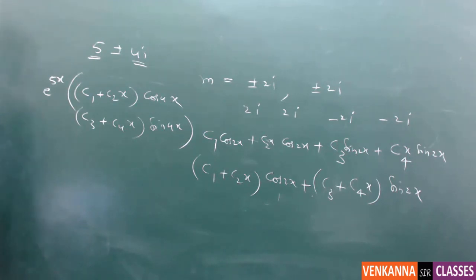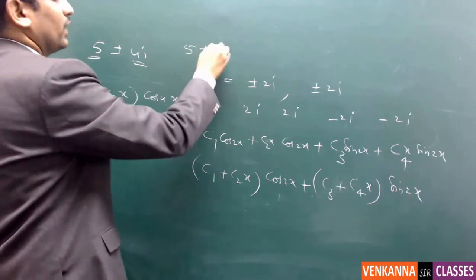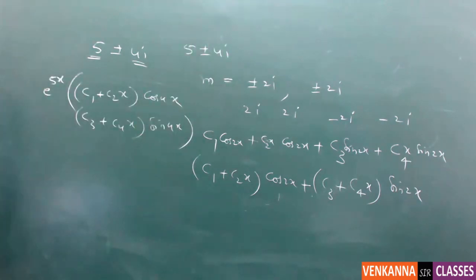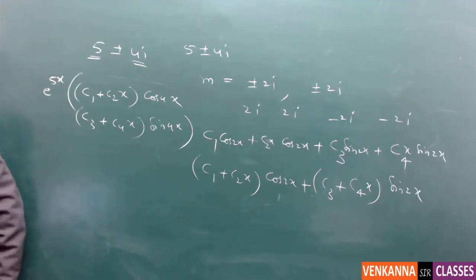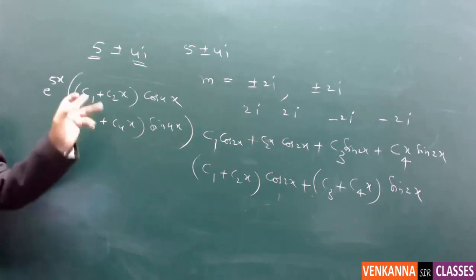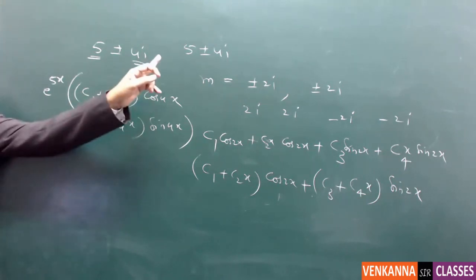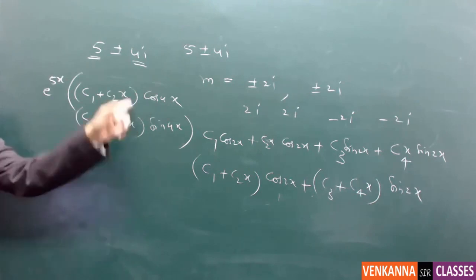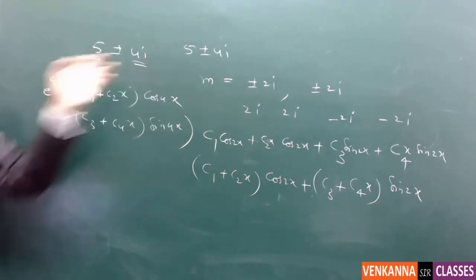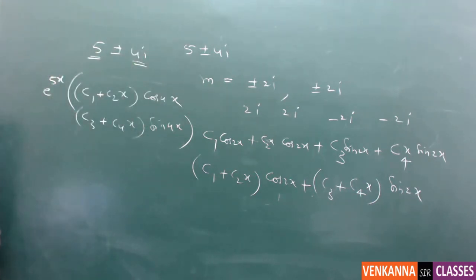So 5 plus or minus 4i, comma, 5 plus or minus 4i, I have taken. Please understand, on the whole, you are just getting 4 distinct constants, C1, C2, C3, C4. The number which is repeated will be represented with x. But the real part is fixed here, so e power 5x will come here.